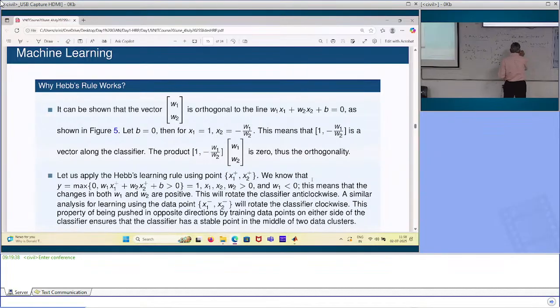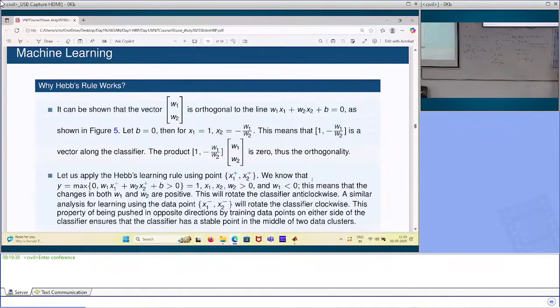W1 x1 plus W2 x2 plus b equals 0, right? So I am saying b equals 0. If x1 equals 1, then x2 has to be minus W1 on W2, minus b on W2, which is 0.